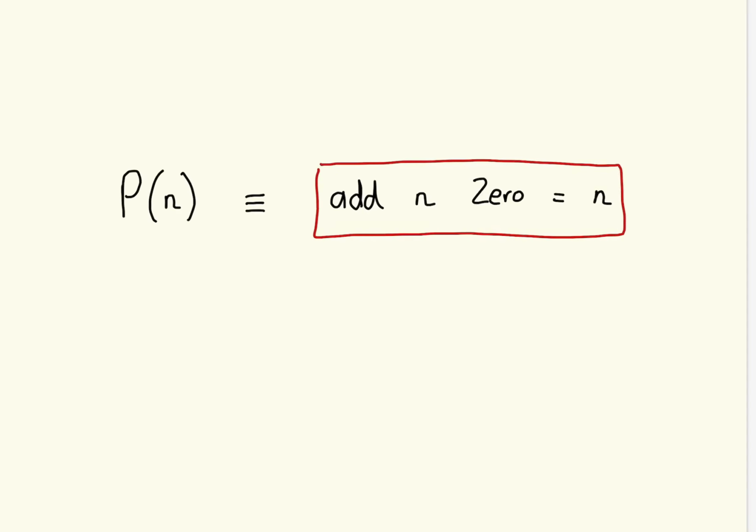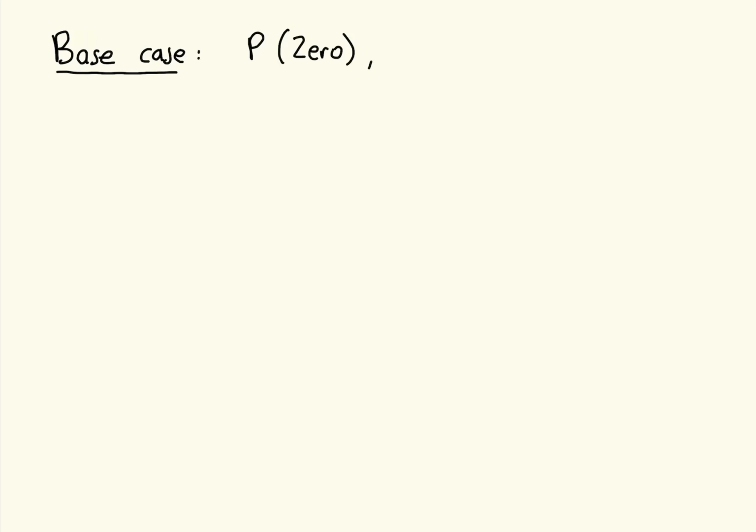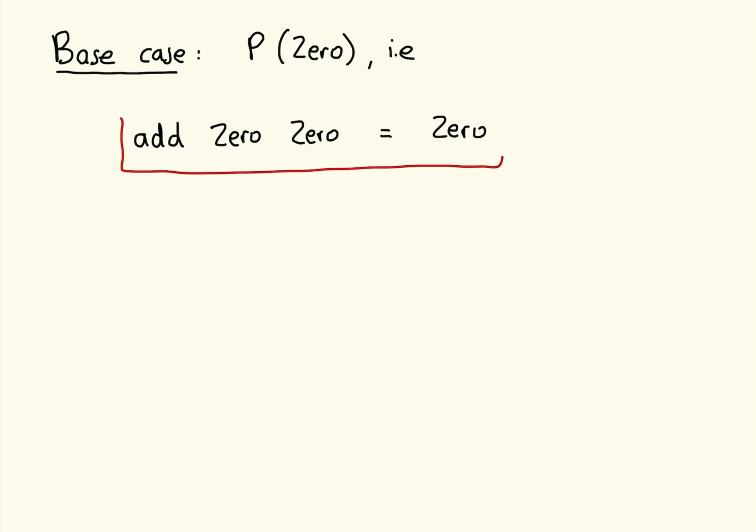Okay, so we can go back over here and we can be precise about what we're trying to do. We need to show that add of 0 and 0 is 0. Let me just put this in a little red box to indicate that this is what we need to show. And of course, this is completely trivial, but let me actually do the little equational reasoning calculation. So what we need to show is that add of 0 and 0 equals 0. And why is that the case?